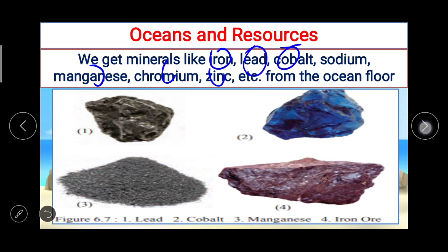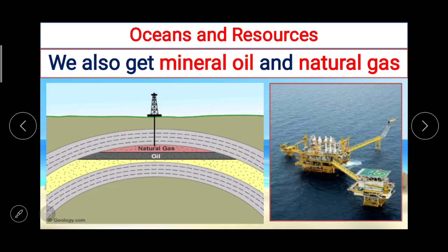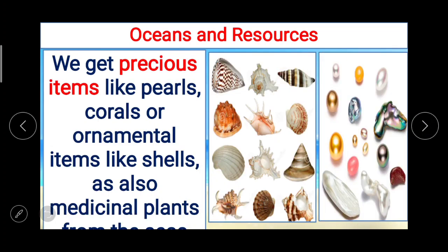And not only this, we also get mineral oil and natural gas from the ocean. Then we get precious stones like pearls, corals, or ornamental items like shells, as also medicinal plants from the seas.